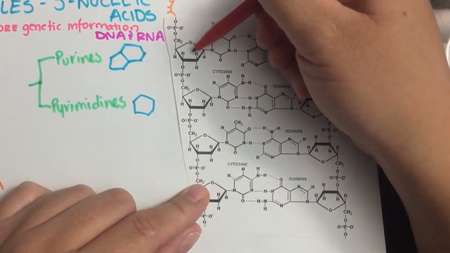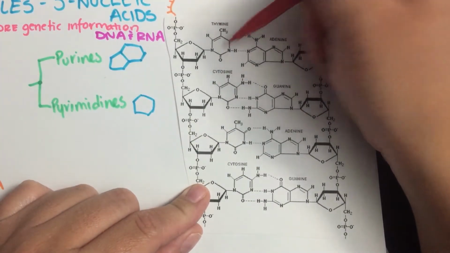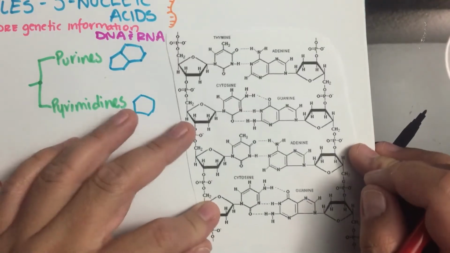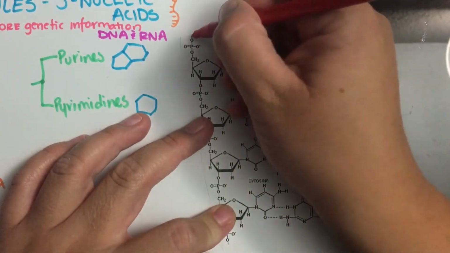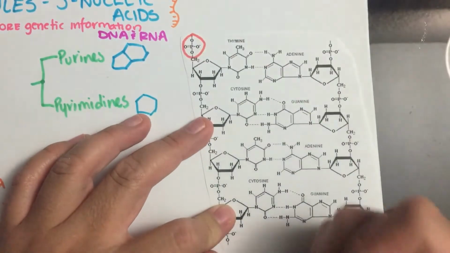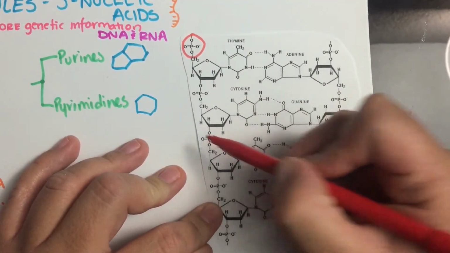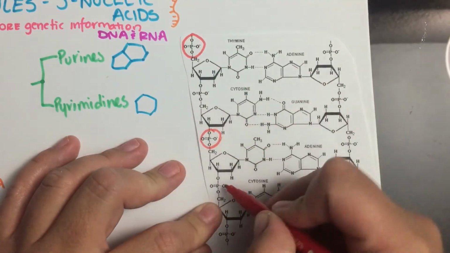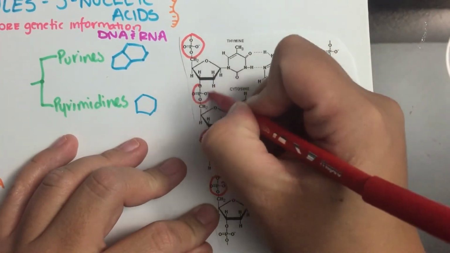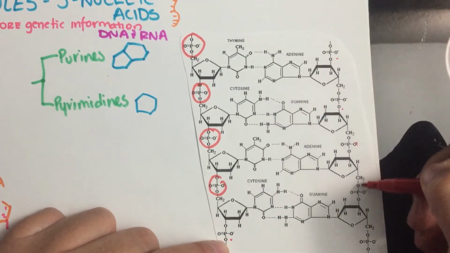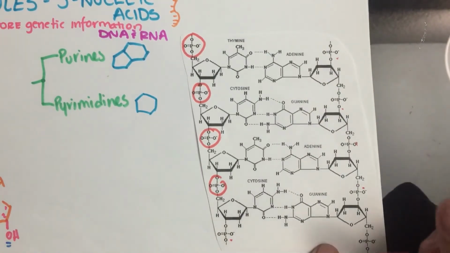So you have phosphate, carbohydrate, and nitrogenous base. To identify a phosphate, for example, here you have the phosphate in red. Here you have another one, here you have another one, etc. All of these are phosphate groups, and this one as well.